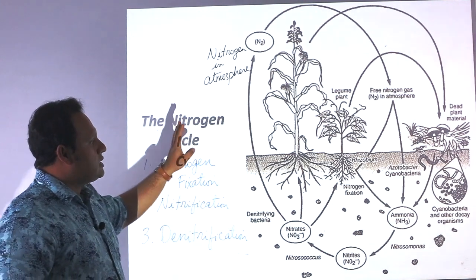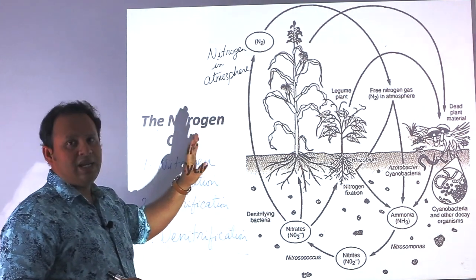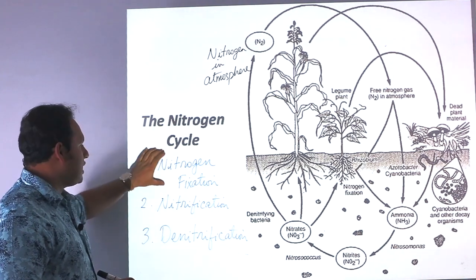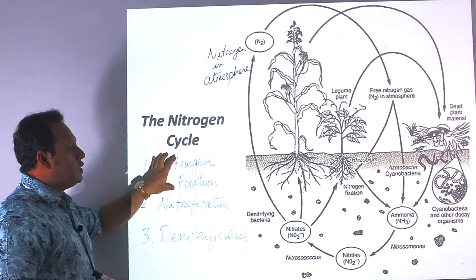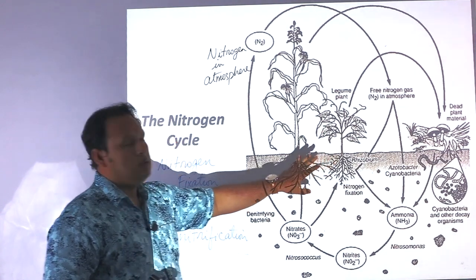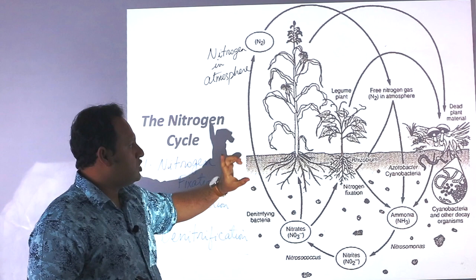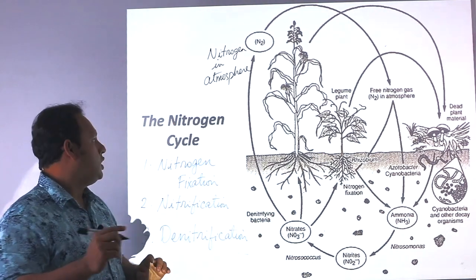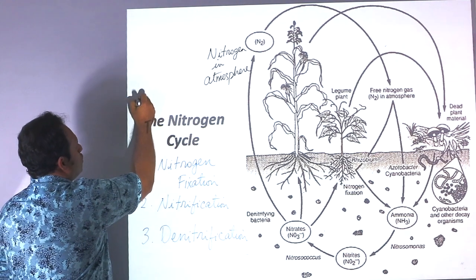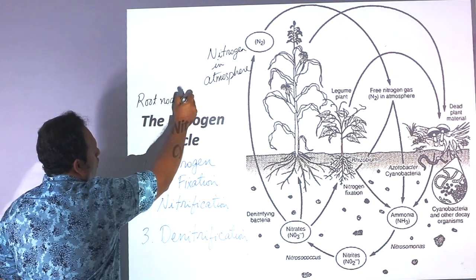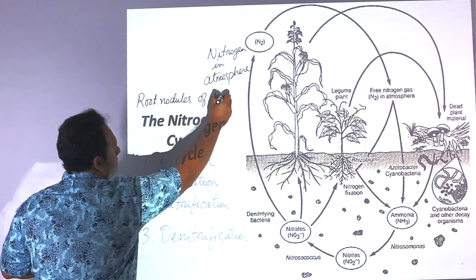One, it's happening by nitrogen fixing bacteria, hence the process is called nitrogen fixation. So there are bacteria in the soil, to be more specific, in legume plants, in root nodules. So they're found in root nodules of leguminous plants.